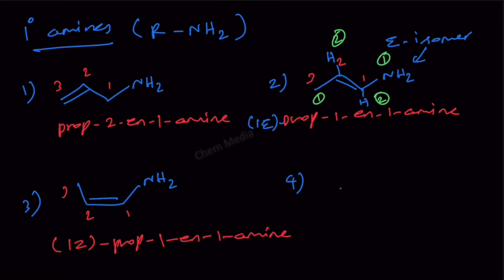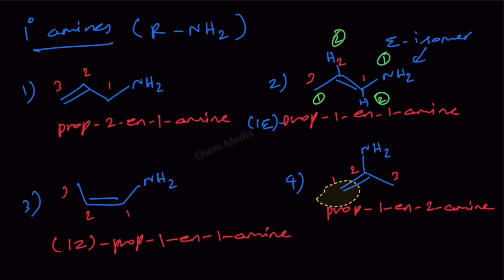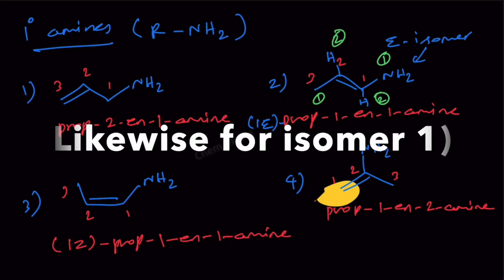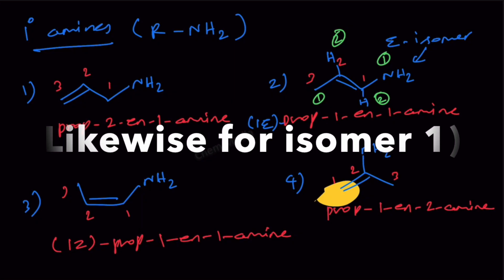So 1, 2, 3 and then put a carbon-carbon double bond and then the NH2 group at the 2 position. The cis-trans isomerism is not possible here because on one side of the double bond we have 2 hydrogens, and therefore it is not possible for isomer 4.